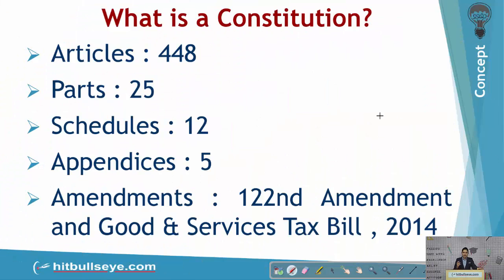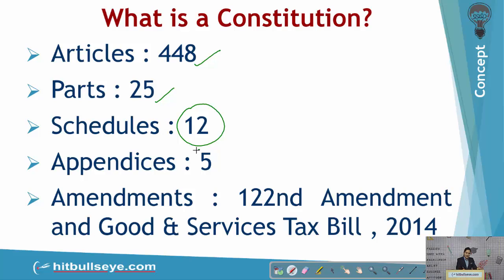Now, currently, there are 448 articles, and these articles have been subdivided into 25 parts. We will find a list of schedules at the end of the constitution, and these schedules are 12 in number. So if our constitution is talking about distribution of power between the union and state, as I explained to you in the previous slide, it is the 7th schedule which tells us what powers will be distributed, what subject will be allotted to the union, what subject will be allotted to the state government.